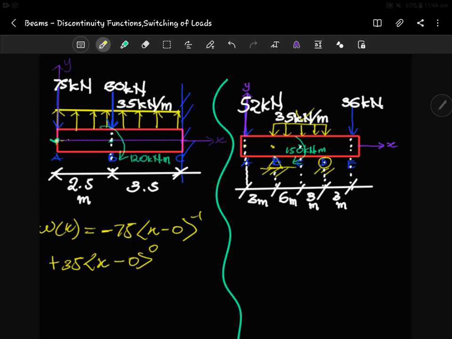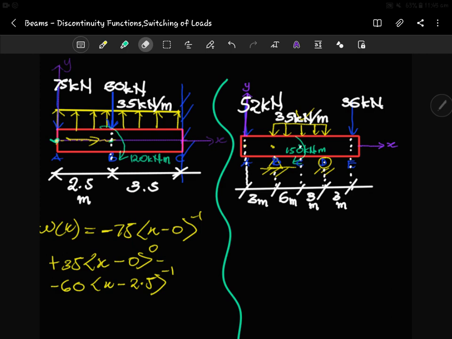When I move on in this direction from the origin, the next one I meet is this 60. It's pointing down, so minus 60, bracket x minus 2.5, and it's a point load, so that's -1.